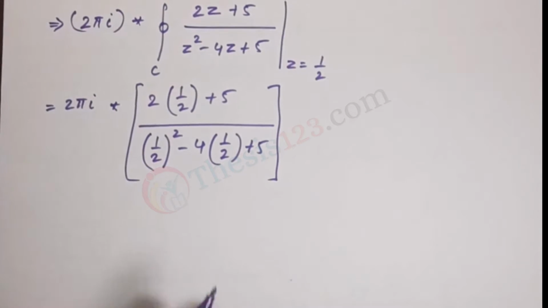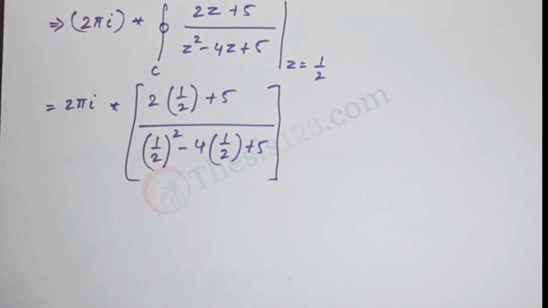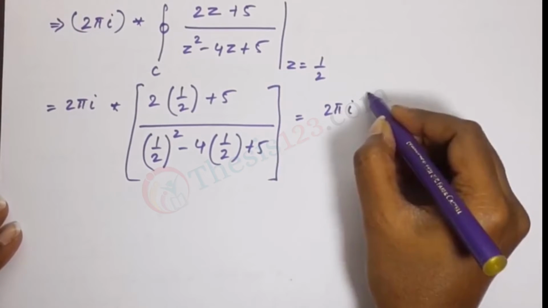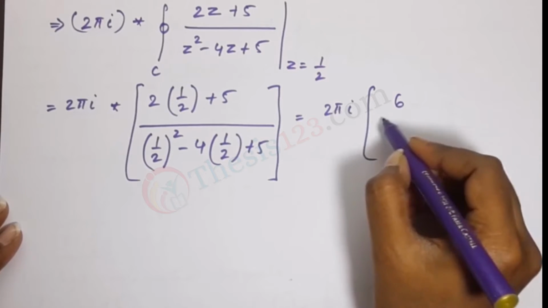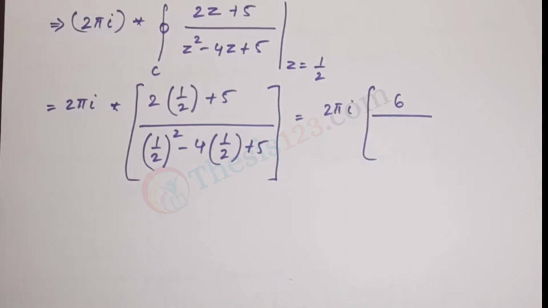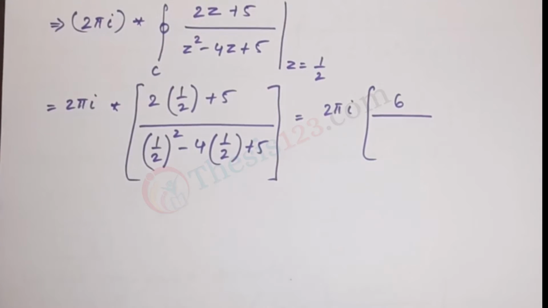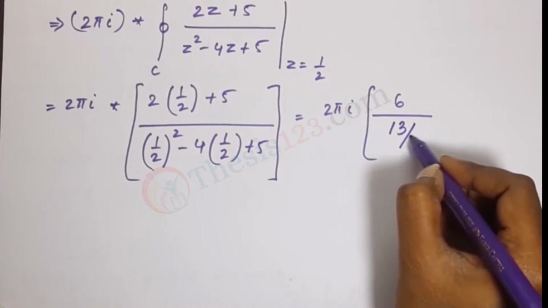Okay, so this is quite basic arithmetic, and I'm going to leave that part to you and see what you get. I'm just going to do that directly. 2 pi i times, okay, so the numerator is going to be 6 divided by, okay, and the denominator would be, let's see, that's a square, minus 4, then that's 2. Okay, so we'll get here 13 by 4.